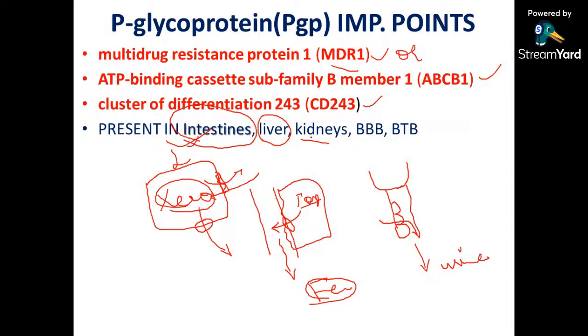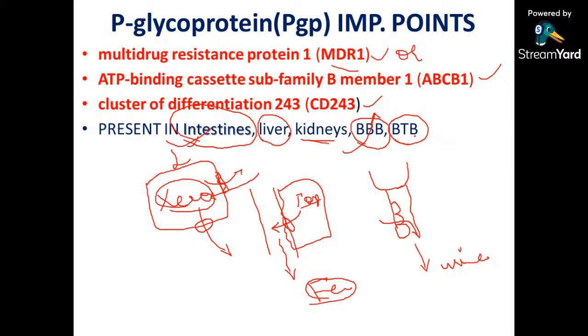So PGPs are also present in kidneys, and sometimes they are expressed in the blood-brain barrier. In the blood-brain barrier, these PGPs will not allow some toxins, some xenobiotics, from the blood into the brain. They are also present in the blood testis barrier, BTB.